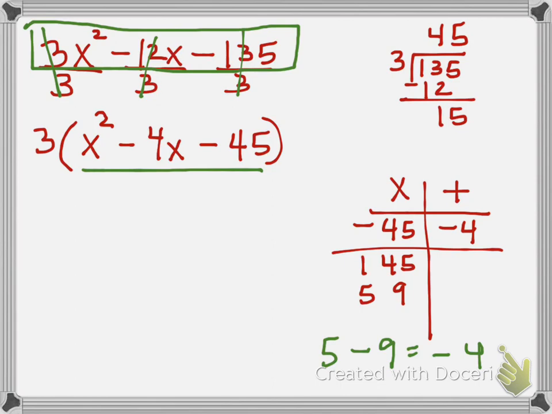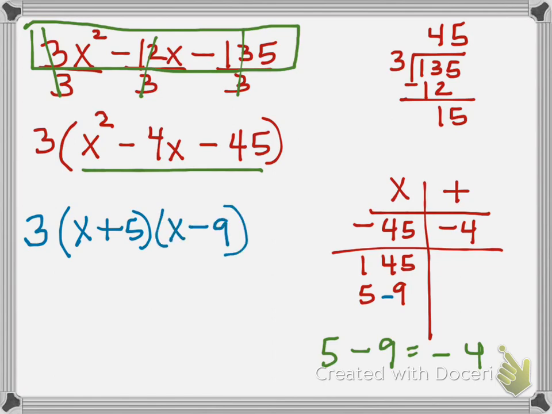So here's how you write your final answer. That 3 you took out, you have to write in your answer. Then you have x plus 5, x minus 9. So this is breaking it down. I took this big problem and broke it down to its simplest factors. That's what factoring is. Okay, good job.